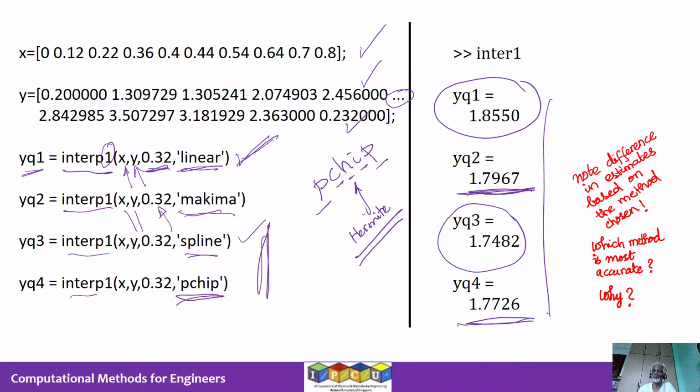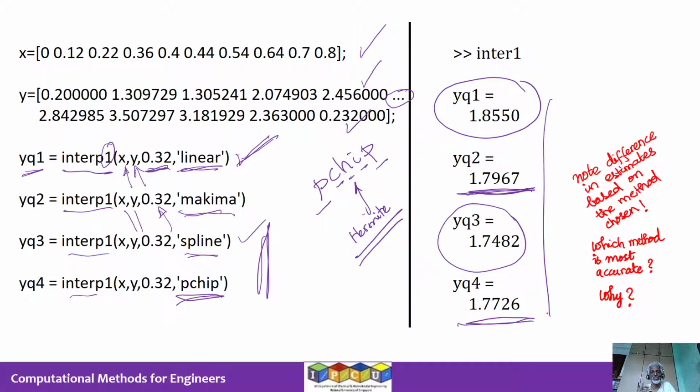Actually, mathematicians, for example, would have taken different functions, different data sets, and evaluated the performance of each of these options on a large number of problems, and they would say overall, this particular method, for example p-chip, is the most accurate one overall. Not on every problem, but overall.